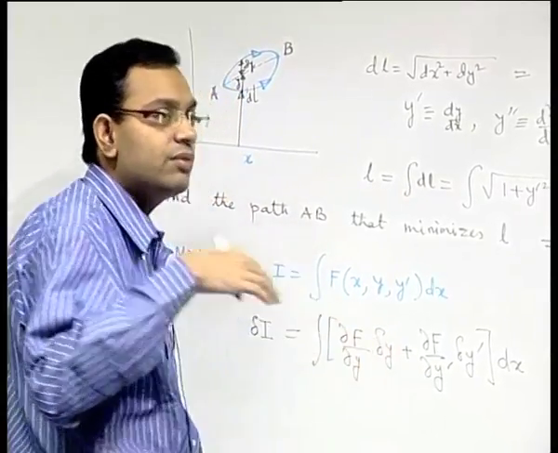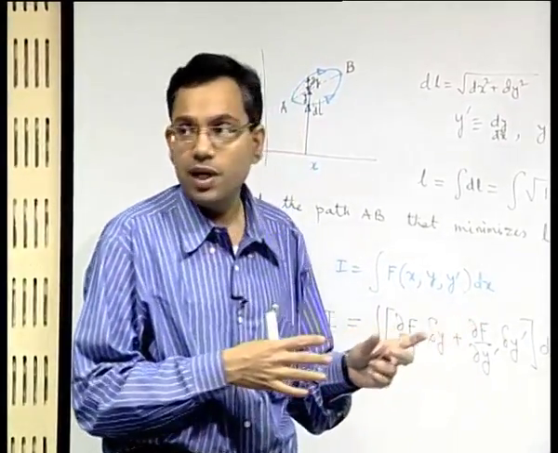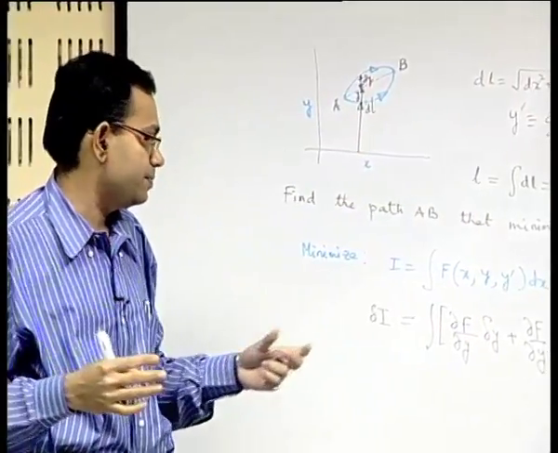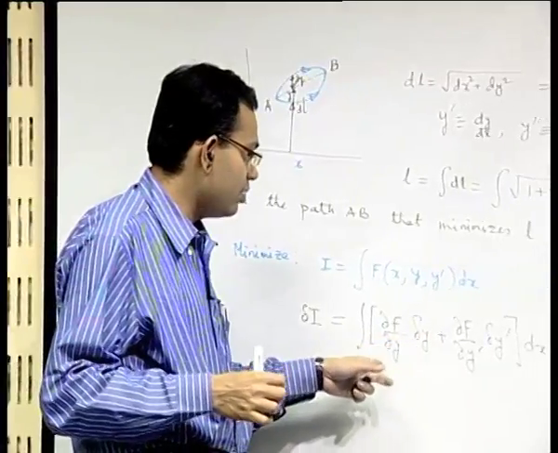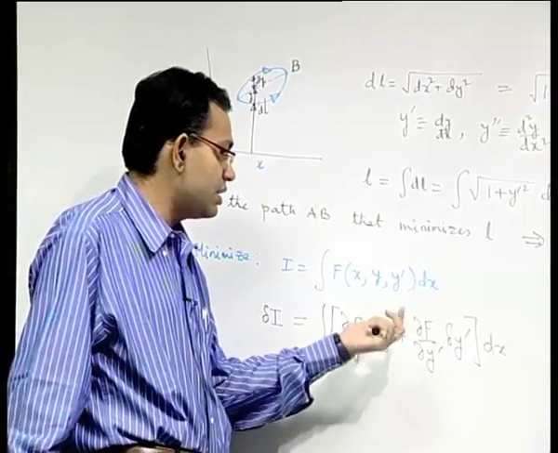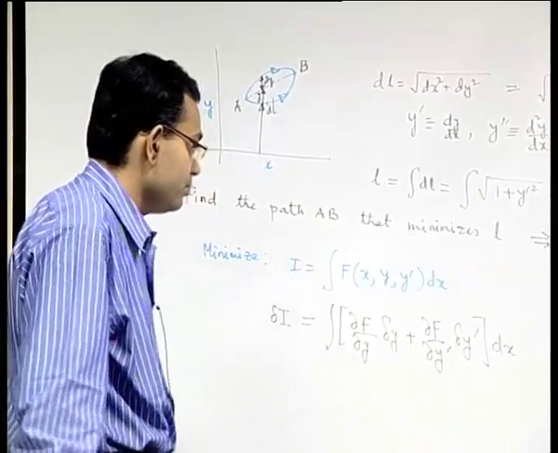So, these have different physical meanings, but mathematically these may be treated in a similar way. So, that is how it is, just like the rule of partial derivatives that we have used, instead of dy it is delta y, because these are virtual changes.